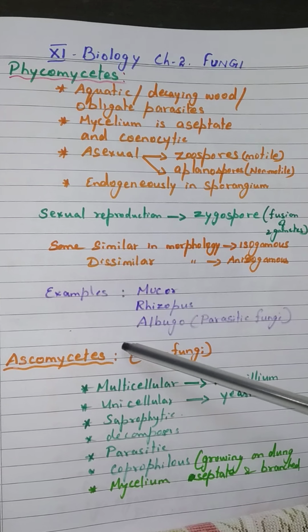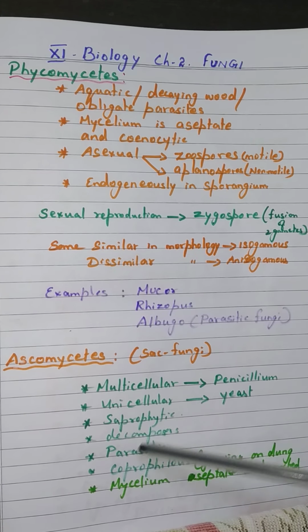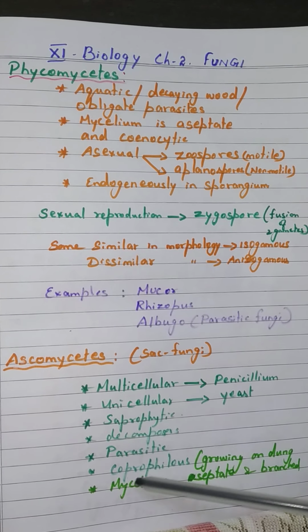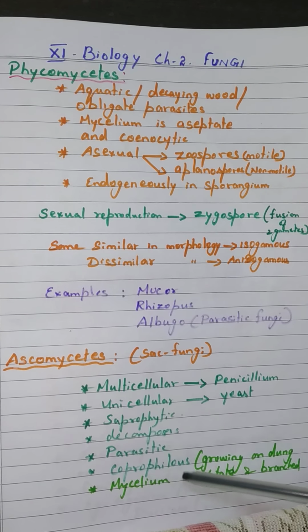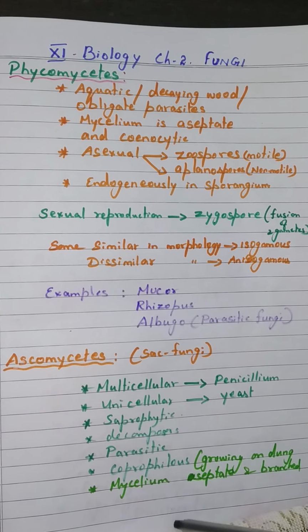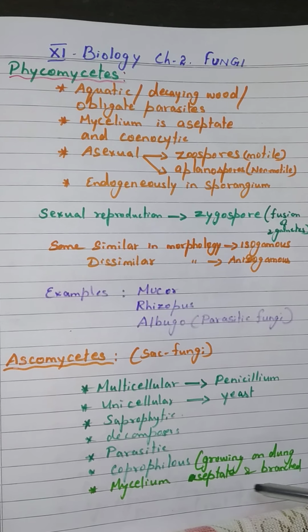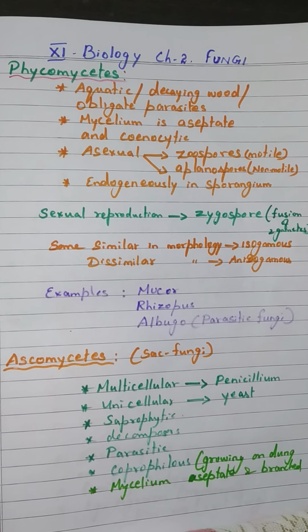These Ascomycetes are saprophytic. Some are decomposers, some are parasitic, and some are coprophilous. What is coprophilous? They grow on dung. And their mycelium is septate and branched. Septate means they have cross walls.